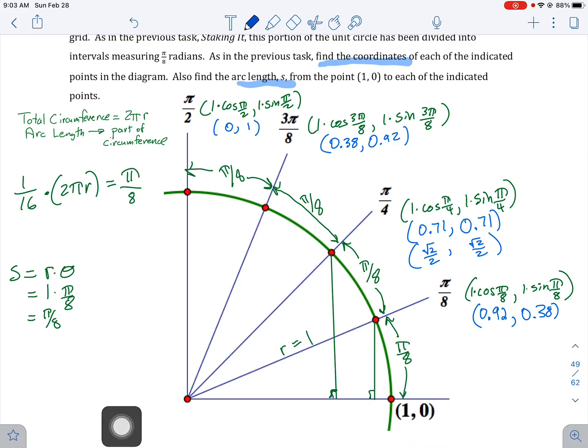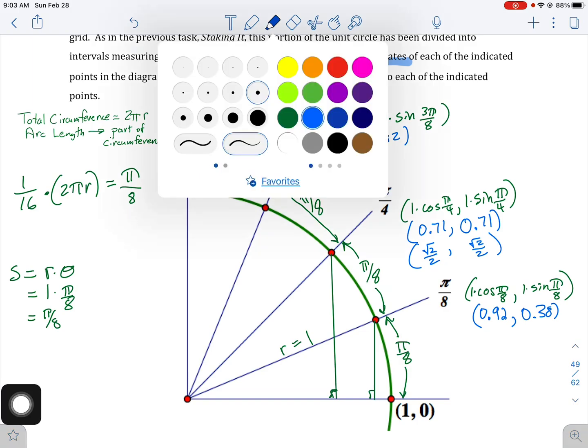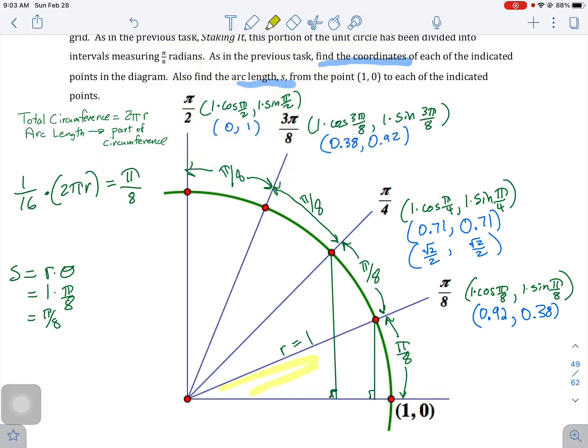So the other thing that we're trying to do is find the positions for each of these stakes. And we're going to use the cosine function and the sine function to find the position. So for example, let's look at the first one. This right here is our triangle that we've been working with, okay?